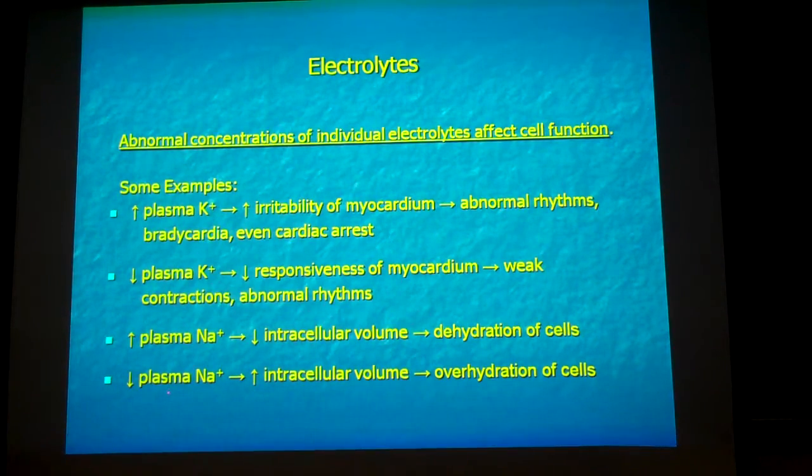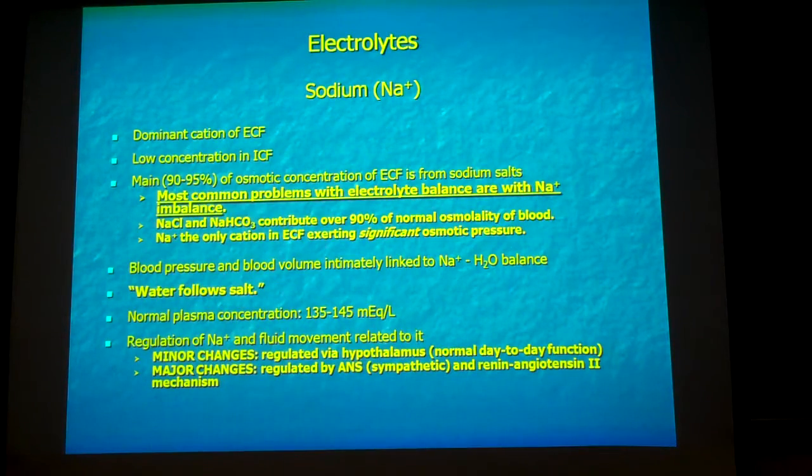And if you've got too low sodium, you can essentially overhydrate the cells. So looking at sodium in review, it's the dominant cation in extracellular fluid. It has a low concentration in intracellular fluid, as we've seen. Most of the problems, as we've mentioned, with electrolyte balance are with sodium.